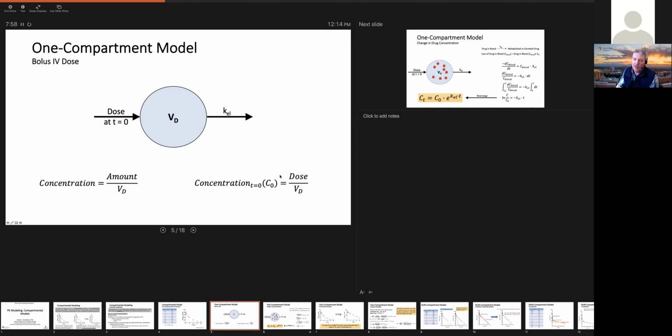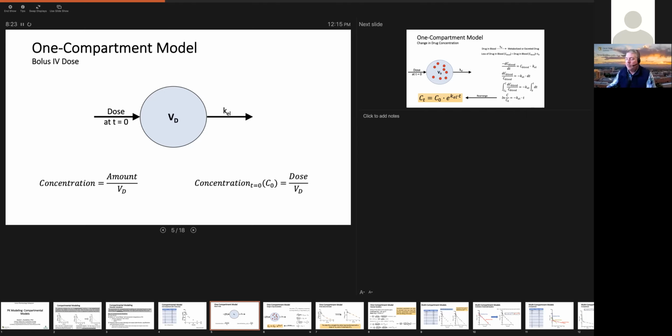So you can actually calculate a concentration at time 0 if you know the volume of distribution for a given drug. And that becomes really, really handy, because you can actually use a dose, if you know this, to target exactly a plasma concentration that you want. So this really allows you to start doing some very defined dosing and targeting specific concentrations when you have some of these parameters, once you have PK data.